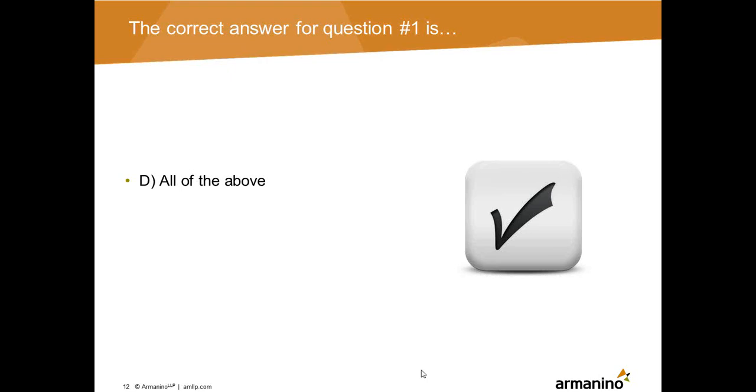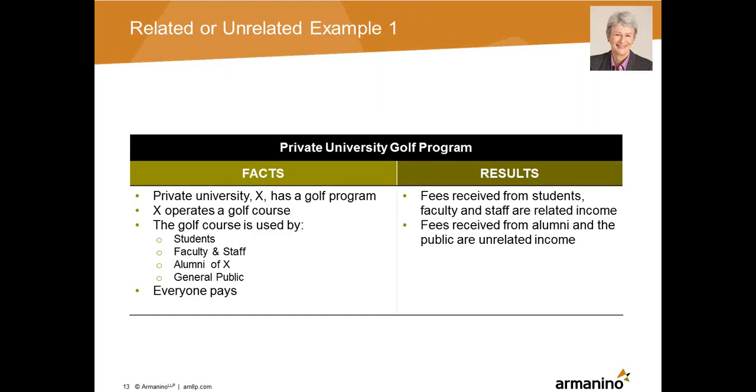So let's look at example number 1. And remember, in determining whether an activity is related or unrelated, we must ask ourselves whether the activity contributes importantly to the exempt purpose of the organization. So our private university X has a golf program, so students can take golf as part of their physical education program. X, the university, operates that golf course, and the golf course is used by students, faculty and staff, alumni of X, and the general public.